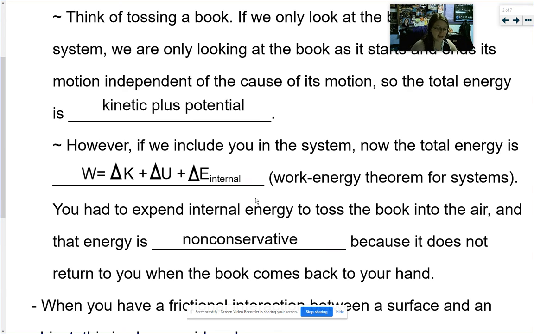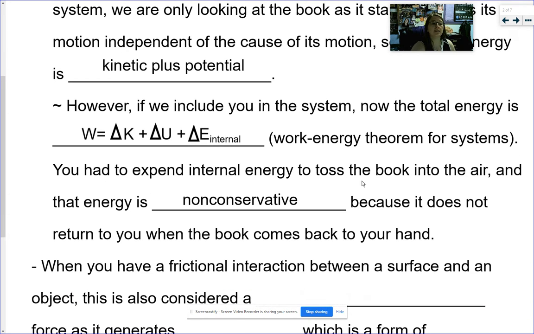The total energy, yes, includes the kinetic and potential of the book, but also now, since we're including me in the equation, the energy I had to expend. Now again, this is a non-conservative force because that energy I had to expend doesn't just magically come back to my hand when the book comes back down, right?